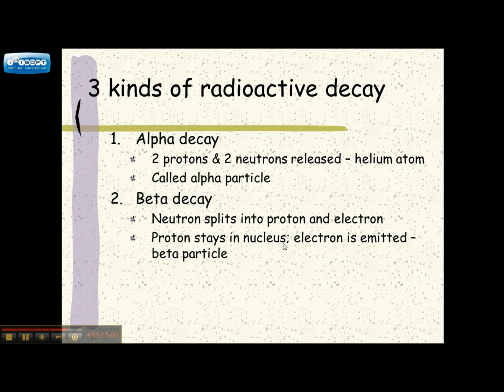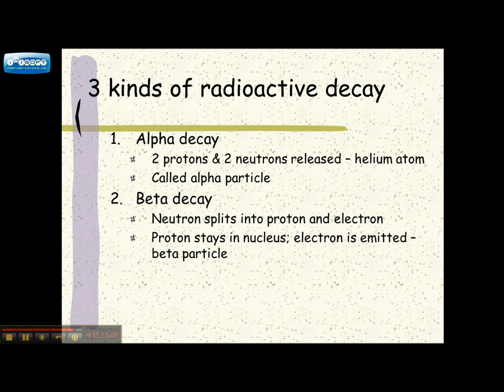So proton stays, electron is emitted. And the electron is what you call the beta particle. This is higher energy than alpha decay. So this is increasing in energy in terms of how much energy is released. Beta decay will still be stopped by skin. You probably want to use something like wood instead of a piece of paper, but it's still not very dangerous at all.